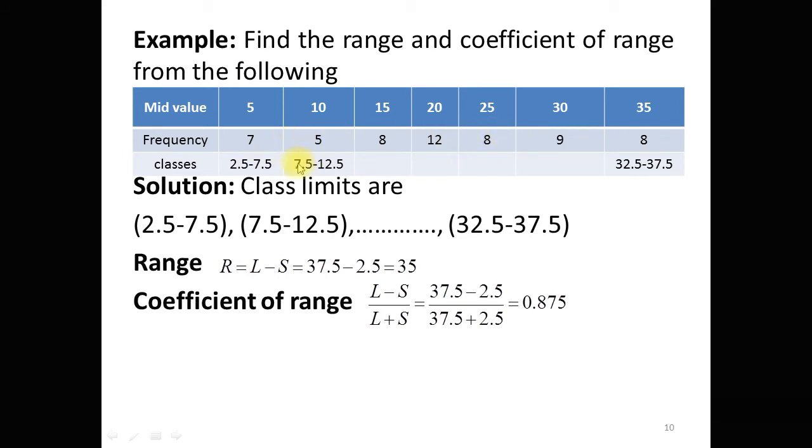So dear students, if we construct the classes for this data, we use these classes 2.5 to 7.5 and 7.5 to 12.5 and so on. And the last class will be 32.5 to 37.5.